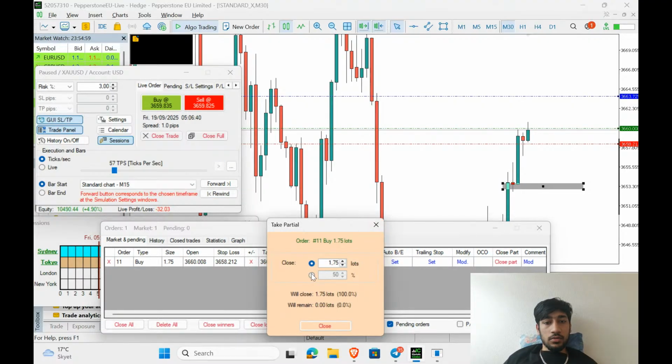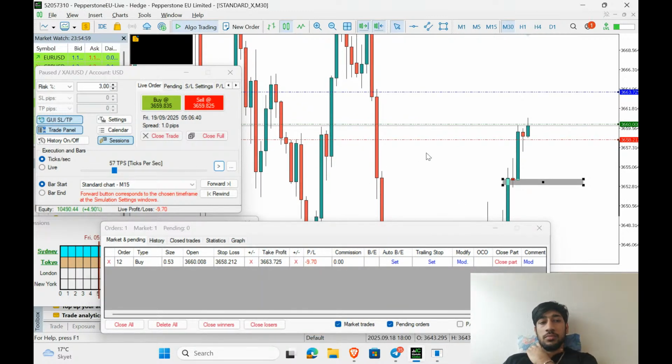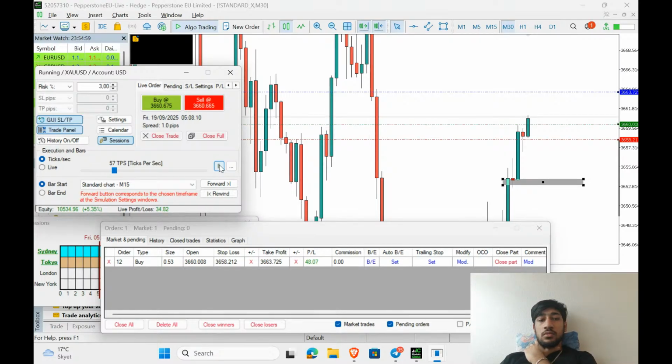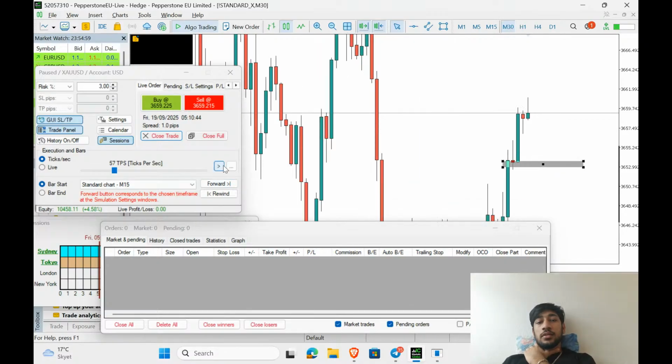I'm gonna close 70% as I wanted this candle to just shoot up quick, but it didn't. So I'll just close the trade because I'm not confident now, because I wanted it to go up quick and it didn't.